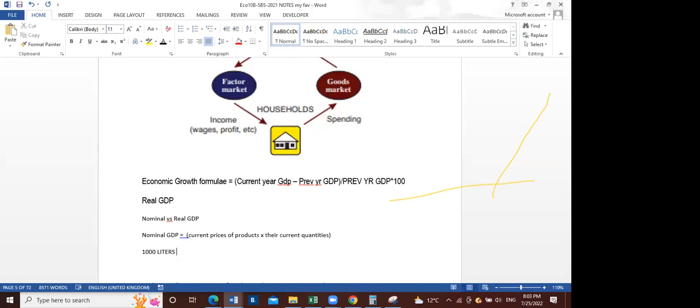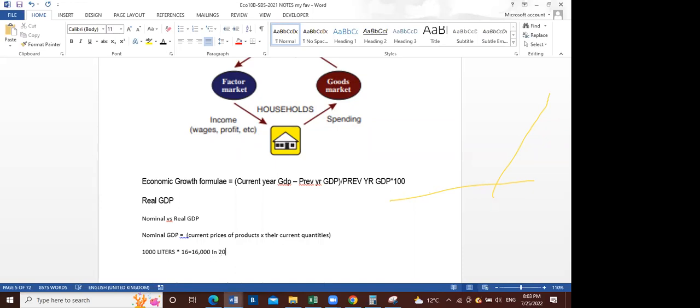Last year was 2021. In 2021, fuel per liter was around 16 Rand per liter. So that means for 1,000 liters, we're going to be paying something like 16,000 Rand in 2021.